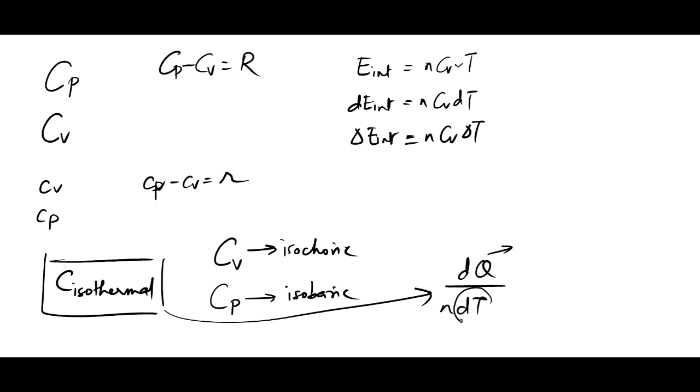So you notice that the denominator is actually equal to 0. This means that nominally you get a value of infinity over here. So C isothermal, one can say, is equal to infinity.